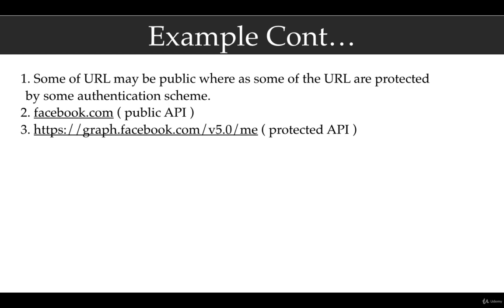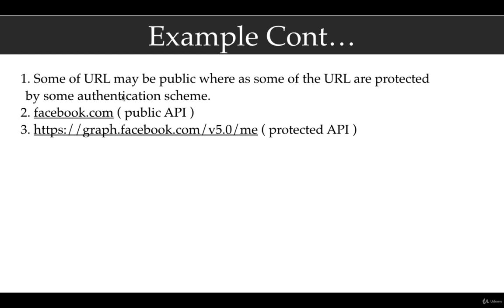A URL can be of two types: public or private. For a public URL you hit the URL and you get the response. For example, I have put here facebook.com. It is a public URL. You can hit that URL, you will get the response, you will see an awesome UI there.